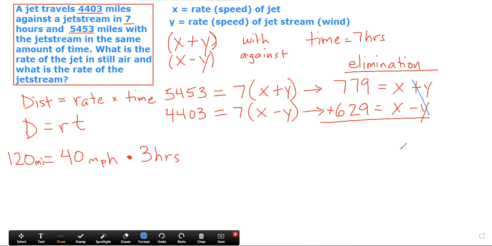So those cancel out, and that's the whole idea with elimination. That's why it's called elimination. x plus x is 2x, and 779 plus 629 is 1,408. This helps us because now I can simply solve for x.